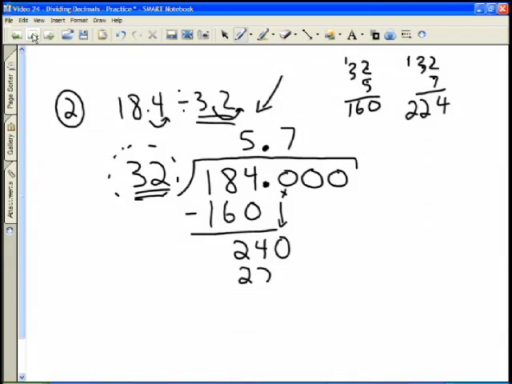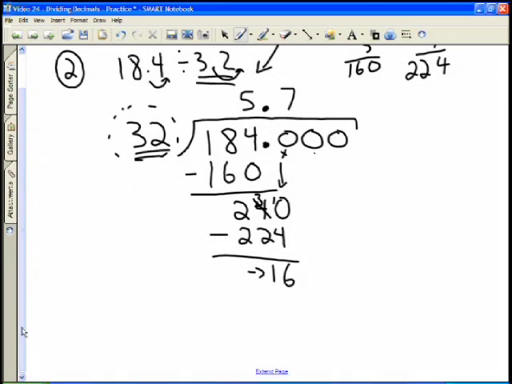So we get 224. Now we have to subtract. 0 minus 4 we can't do here, so we've got to borrow 1 from the next column over, so that becomes a 3, and the 0 becomes a 10. 10 minus 4 is 6, and 3 minus 2 is 1. Again, look, this number here is less than 32.